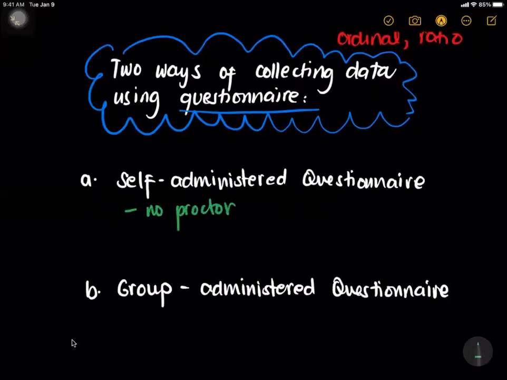This could be mailed through postal mail, or because of the new normal and for convenience purposes, this could also be done through email. And then the questionnaire is returned, or sent back, to the researcher.